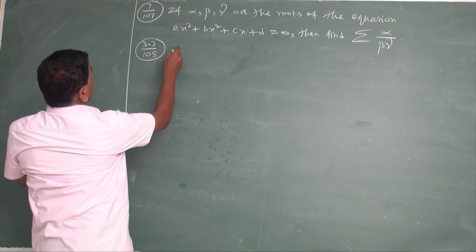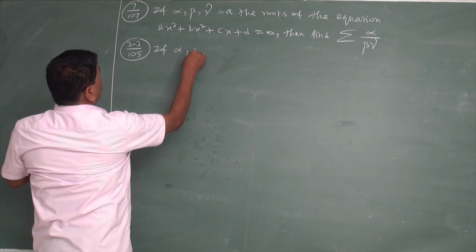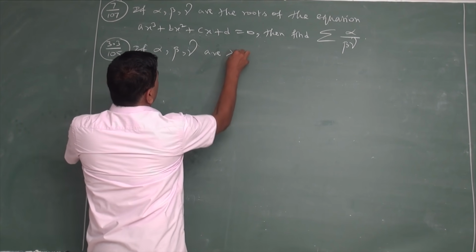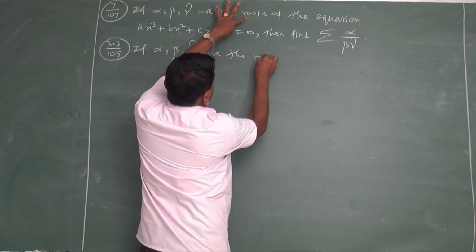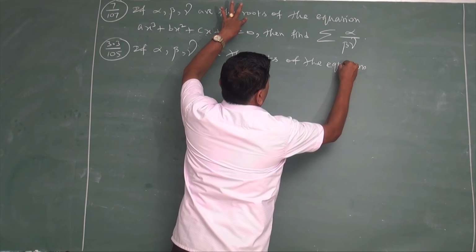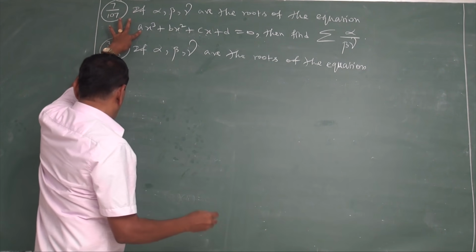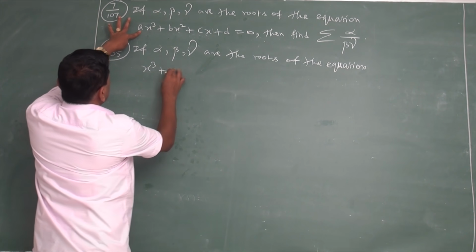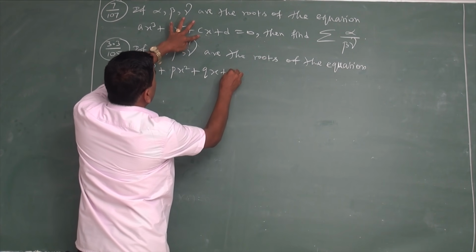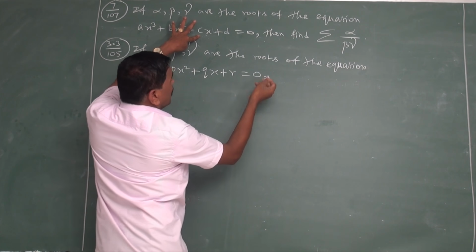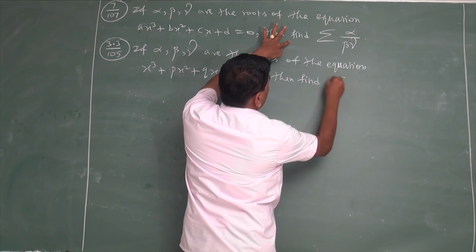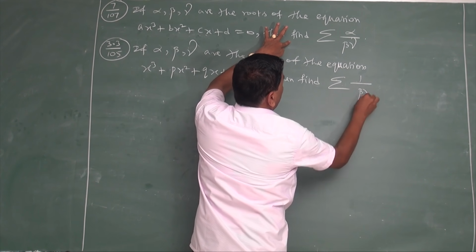Now listen to the third question. If alpha, beta, gamma are the roots of the equation x cube plus px square plus qx plus r equal to 0, then find the value of sigma 1 by beta gamma.